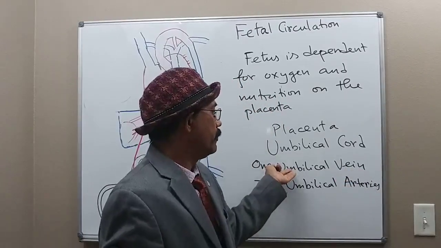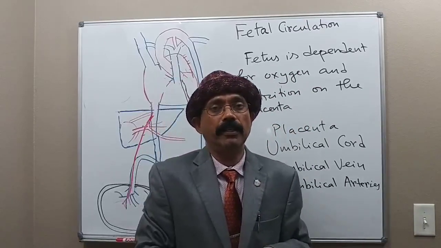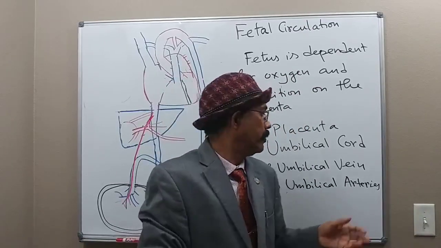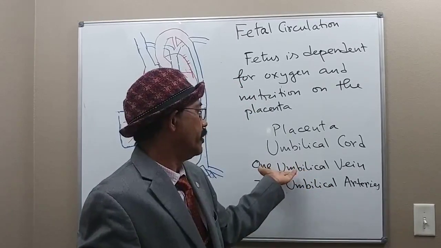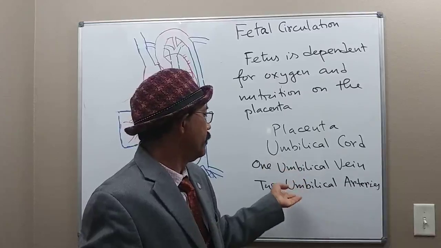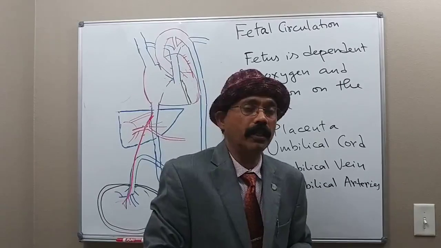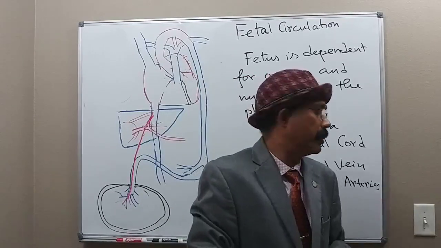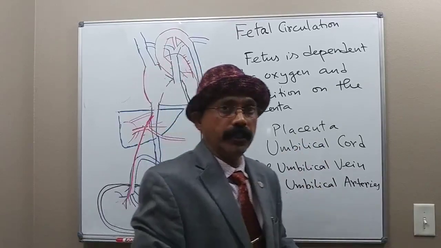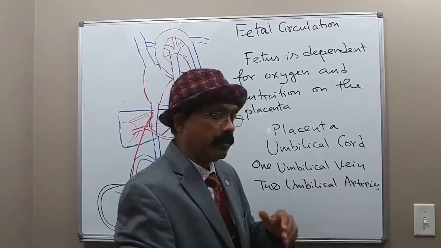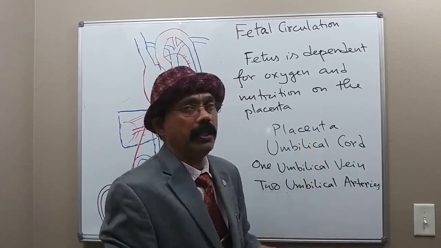Initially, during embryonic life, the embryo has two umbilical veins, then the right umbilical vein disappears. So throughout fetal life, there is one umbilical vein, the left umbilical vein, and two umbilical arteries, the left umbilical artery and the right umbilical artery. These structures are held together in a cord-like fashion by Wharton's jelly. We call it the umbilical cord.